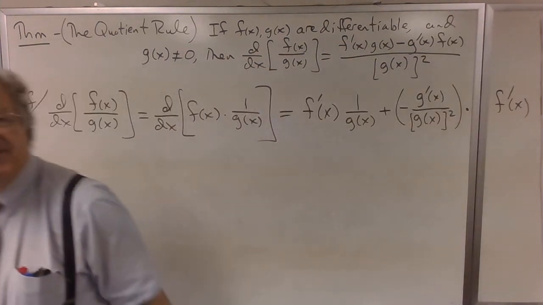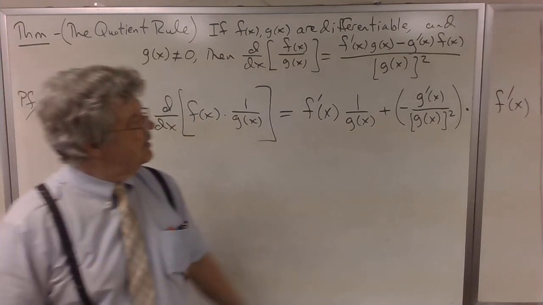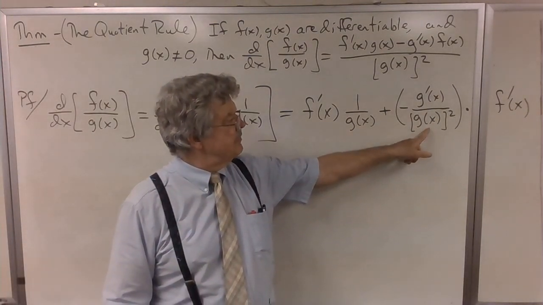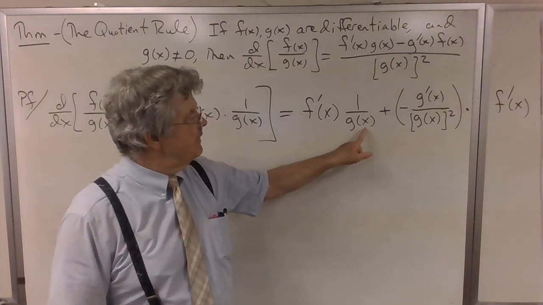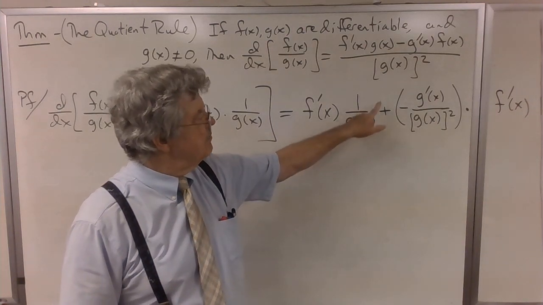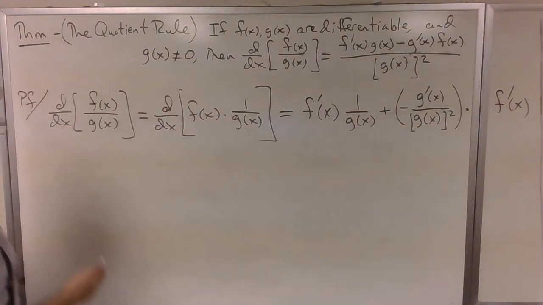I guess the first thing I have to do is get a common denominator. We have 2 factors of g of x here and only 1 factor of g of x here. So I'm going to have to multiply top and bottom by g of x.